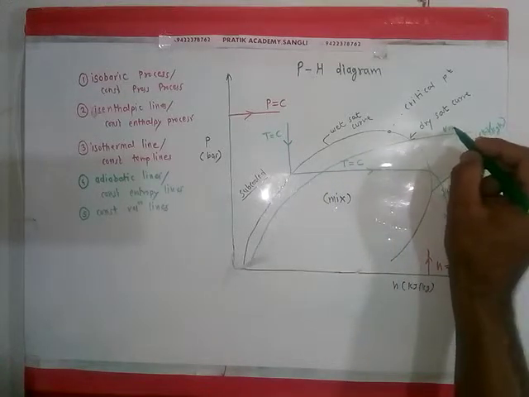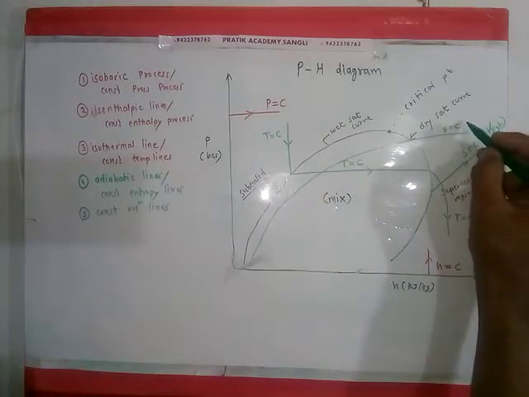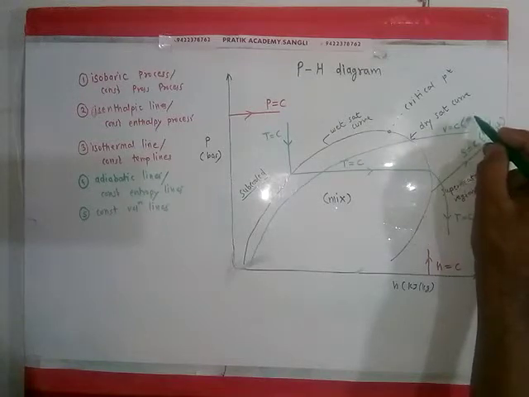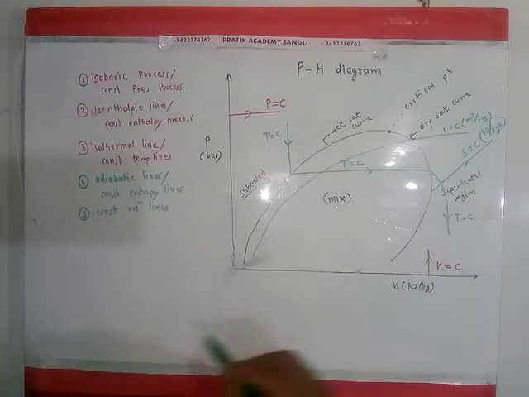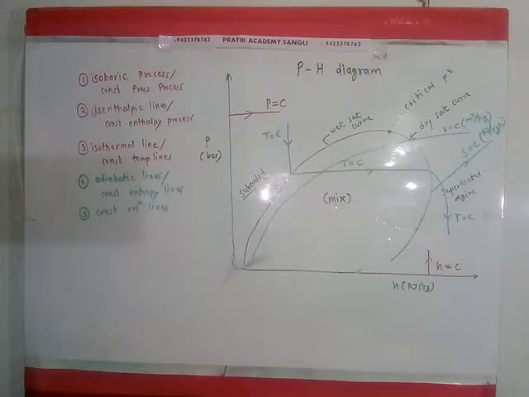Here the volume is specific volume. So these are some important lines which are required to draw our VCR cycle.